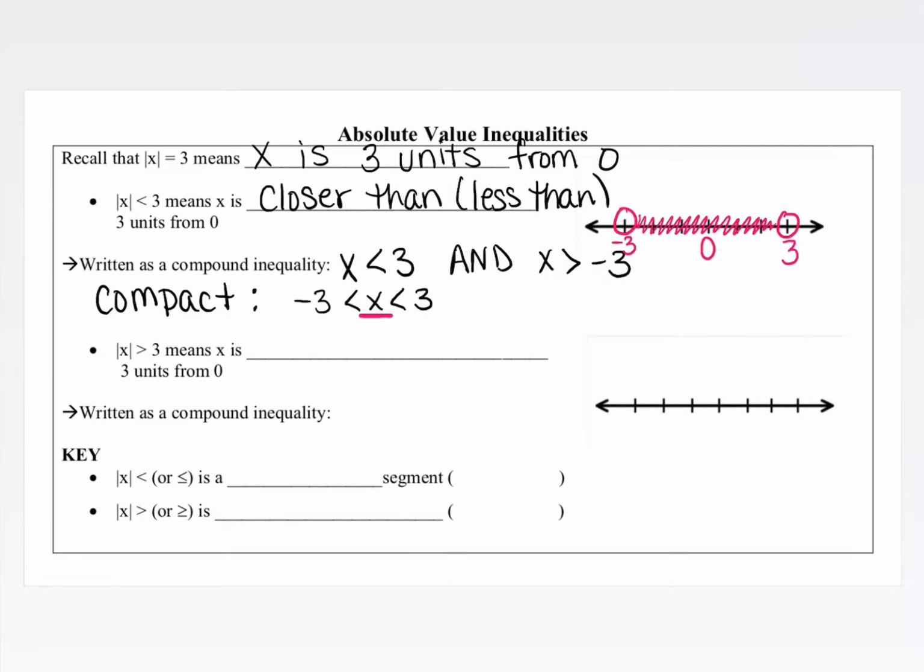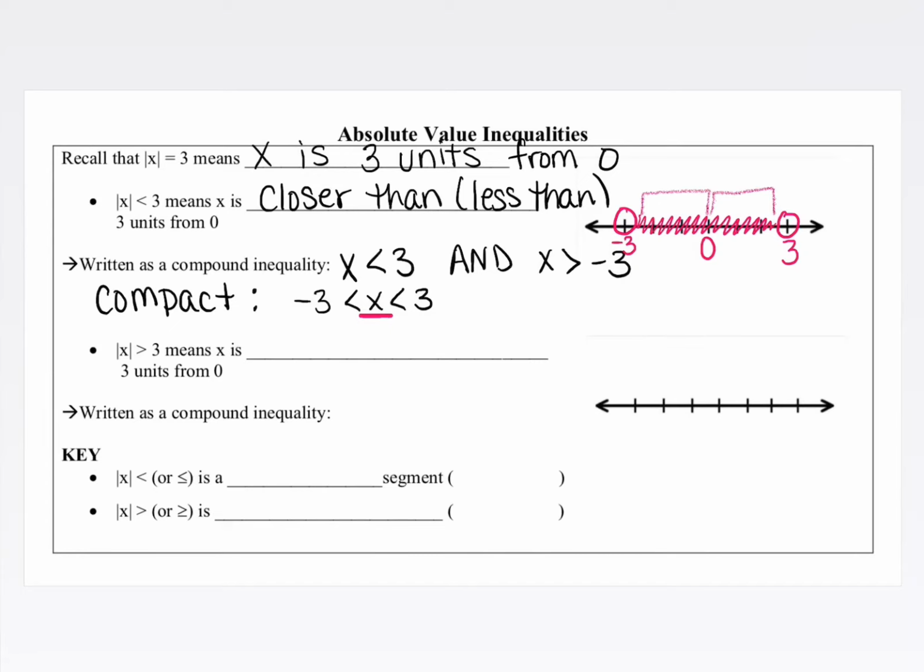So if we think back to closer than 3 units from 0, if we start at 0, where our possible value of x is, it's going to be a little bit less than 3 units. It's not going to be exactly 3 units. Same if we think on the positive side versus the negative side.